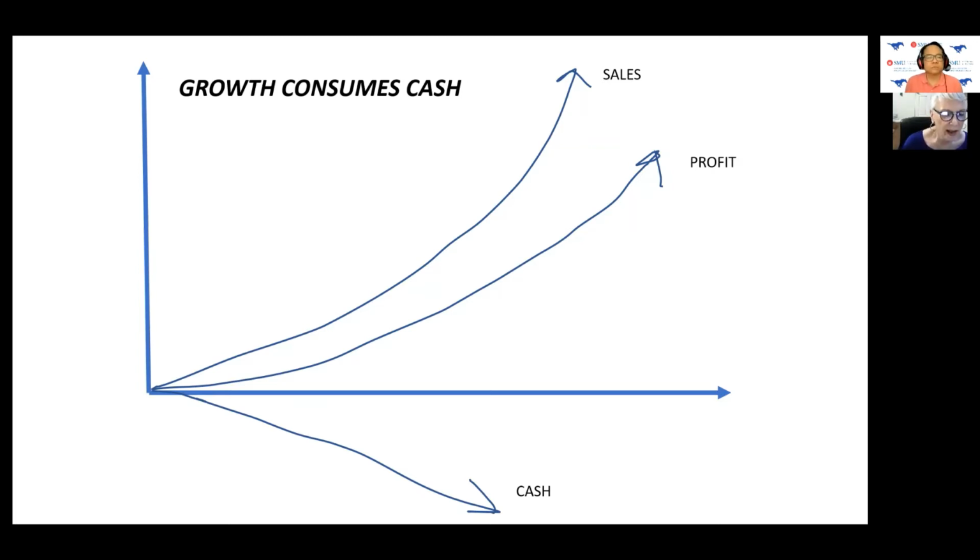When you're starting out and your sales are growing fast, your profitability is usually growing at a similar but not quite as steep incline. It's normal for cash to go down. And we say not only does growth consume cash, but rapid growth consumes cash rapidly. And that's clearly what happened to Intercity right here. He just grew too fast in that scenario, and the cash just went way down in the hole.